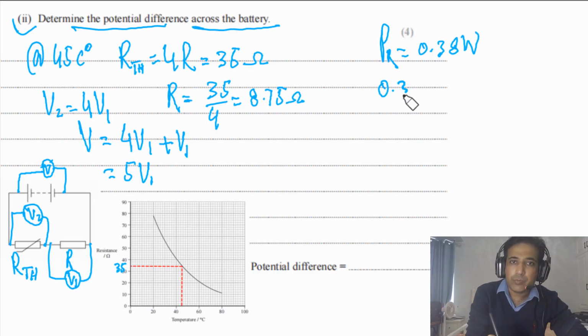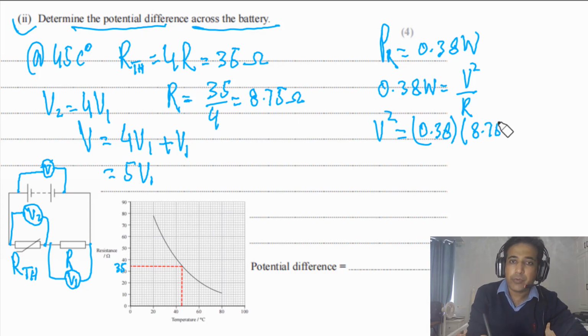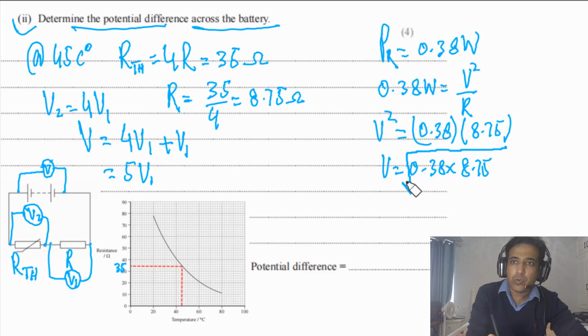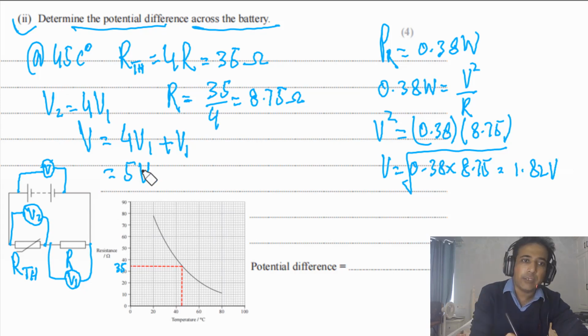This will be equal to V squared divided by R, and we have the value of R. So V squared has to be equal to 0.38 times the value of resistance, that is 8.75. We need the value of V, so we take the square root on both sides. If we take the square root of this value, we will get 1.82 volts.